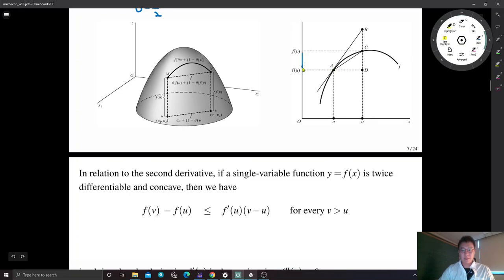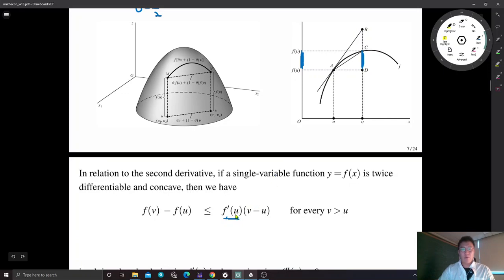That difference is going to be the length of this line segment. So the line segment is C and D, the length of this line segment. And f prime of u is the instantaneous slope of the tangent line, so the slope of this line A and B, the slope of this line segment.